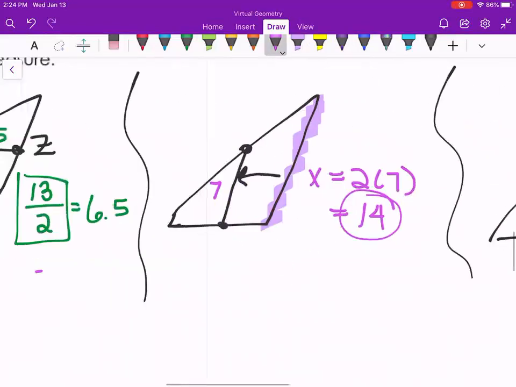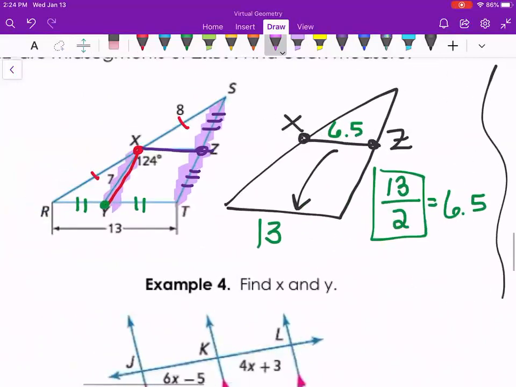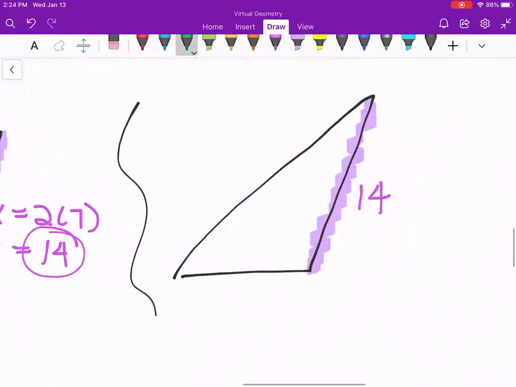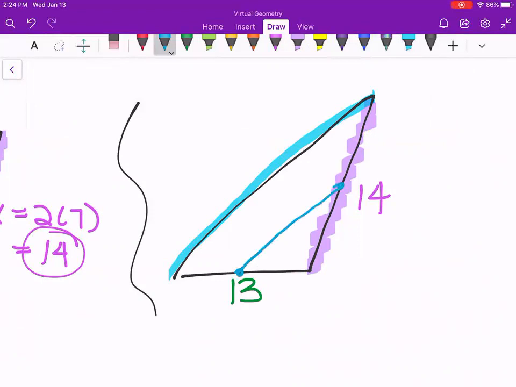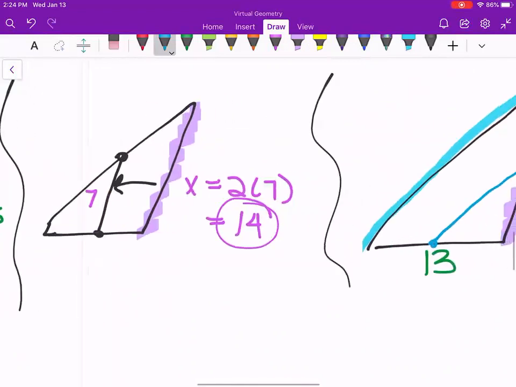We know the bottom of our triangle. That's the one that it says is 13. Now I need the other side, so that way I can add them all up. So again, if I can find the long side, or in this case, the mid segment, I might know how much it is.